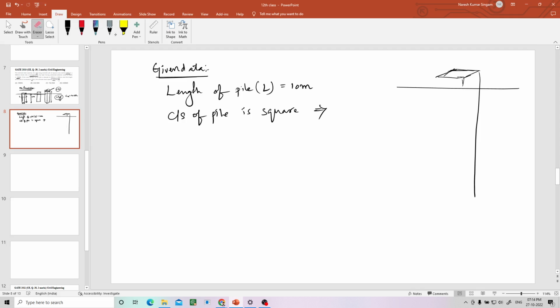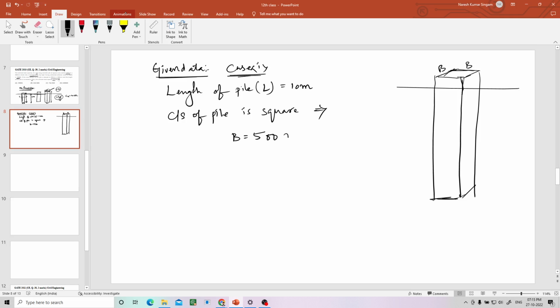This is a little difficult. Okay, if the side is taken as b as it is square, so here b is given as, this is the case 1.